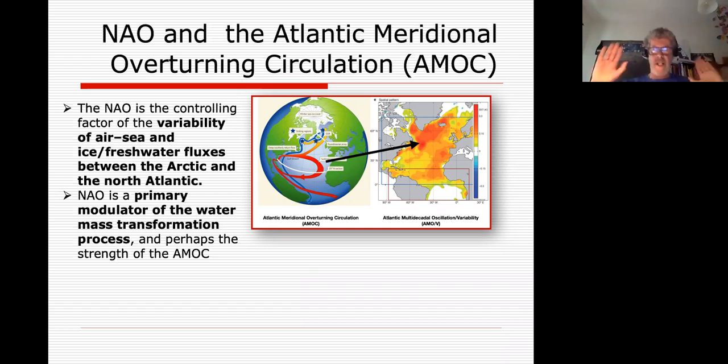To summarize this point, AMO is a surface pattern, long-term variability. NAO has a much faster rate of change.